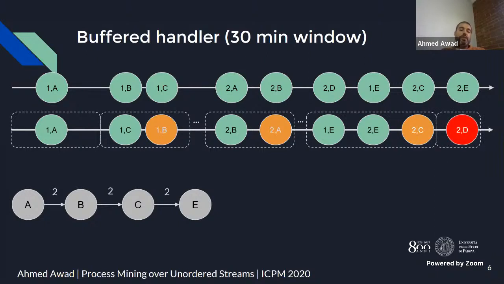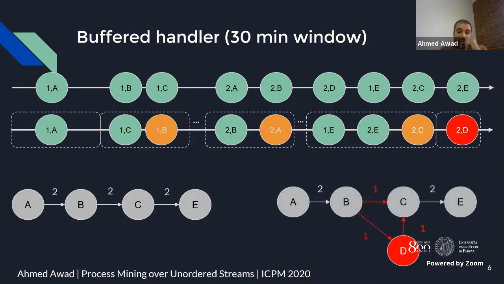D will be dropped because we no longer have context for this case. We know C, but we don't know what's before it. If we compare this computed DFG to the one that should have been computed if everything arrived in order, we can see differences: the weights of the edges are off, and some edges and even some nodes are missing.